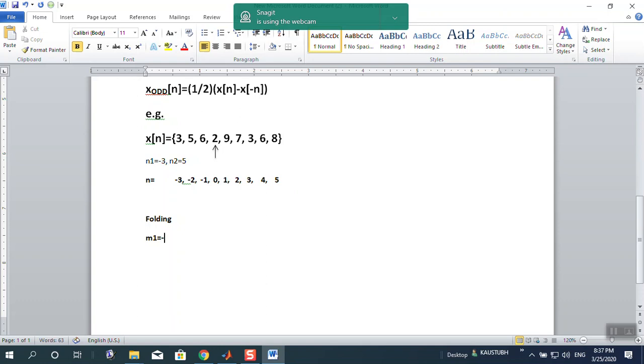This will be my first, so minus 5, that is minus n2, and the last will be minus n1, that is 3. So the time scale, say nf I am considering, will be equal to minus 5, minus 4, minus 3, minus 2, minus 1, 0, 1, 2, 3. So this becomes my new time scale.